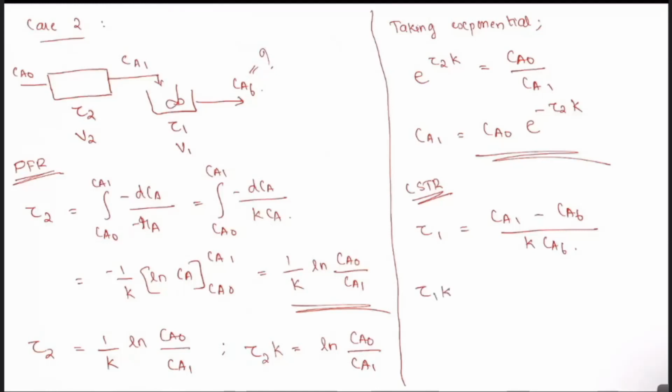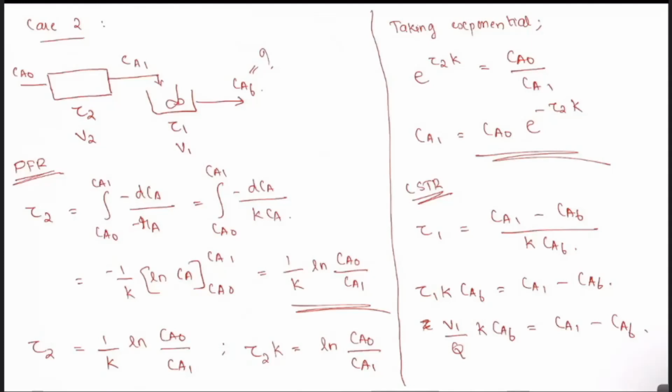Tau 1 K CAF is equal to CA1 minus CAF, and tau 1 is basically V1 by Q. So V1 by Q K CAF is equal to CA1 minus CAF.